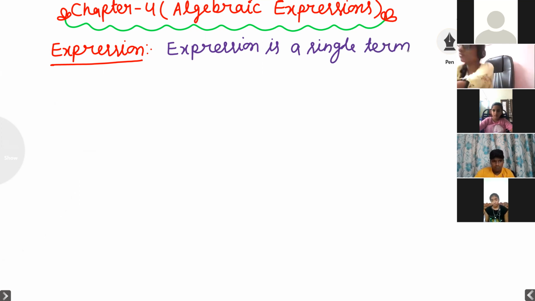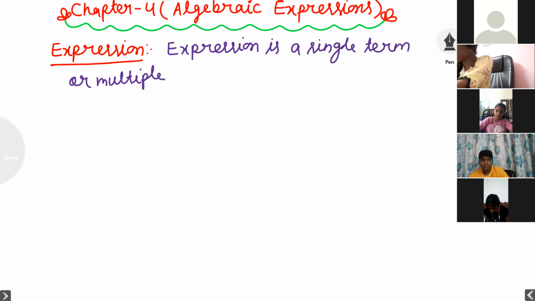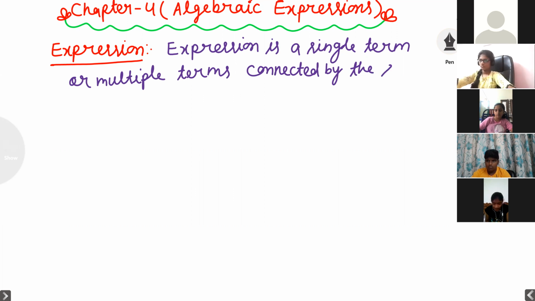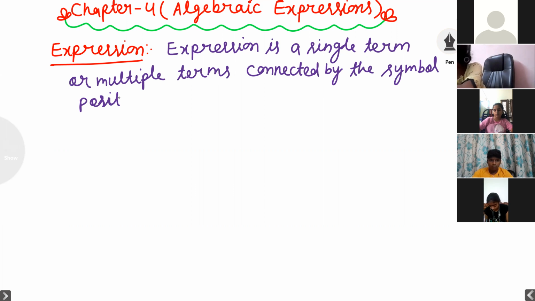Expression is a single term or multiple terms connected by the symbol positive or negative.